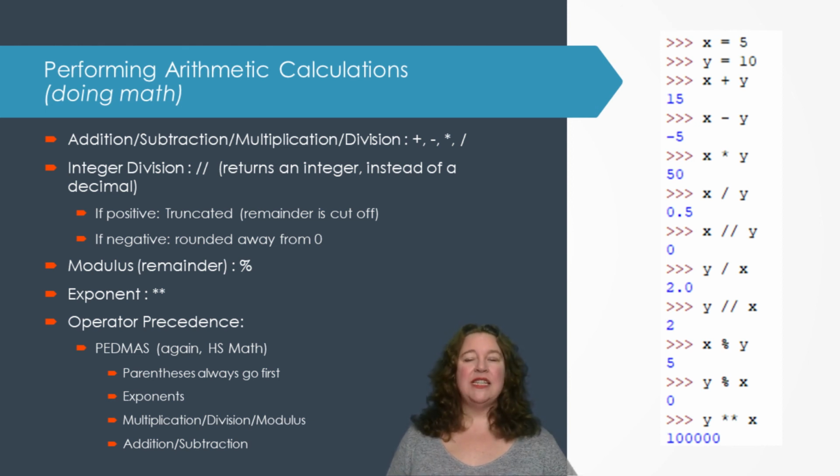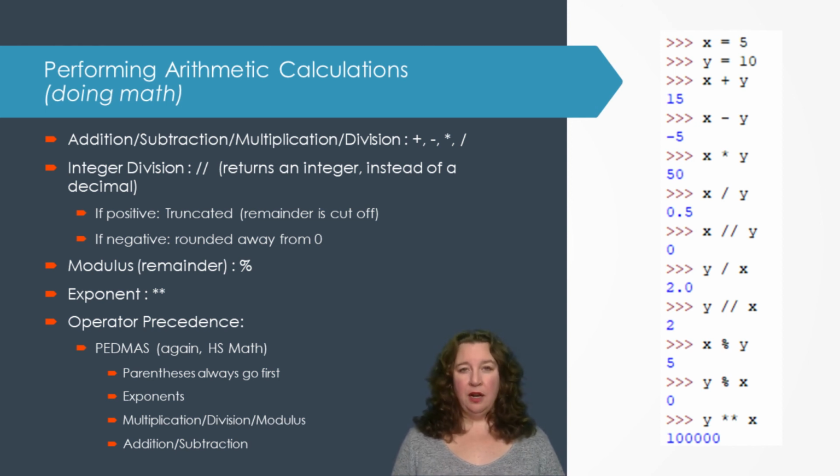All right, there is a secondary method. There's actually a few others. Integer division. If I want my division to always return an integer, I can use 2 slashes instead of 1, and that will tell it that I want integer division. If my value is positive, it will be truncated, which means it will be cut off. If I got 3.9, the result will be 3.